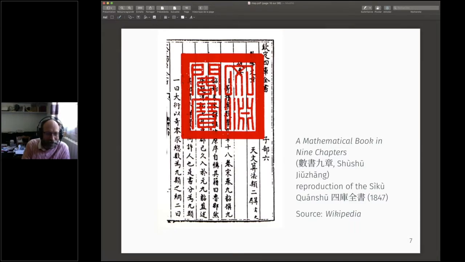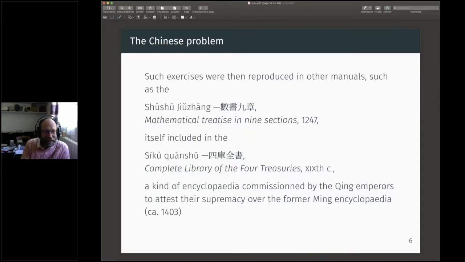I don't know whether maybe it was the cover of the book or the page is not meant to be read. And such exercises have been reproduced in many manuals. So there is a mathematical treatise in 9 sections, or the Siku Quanshu, the complete library of the 4 treasuries, which is an encyclopedia.